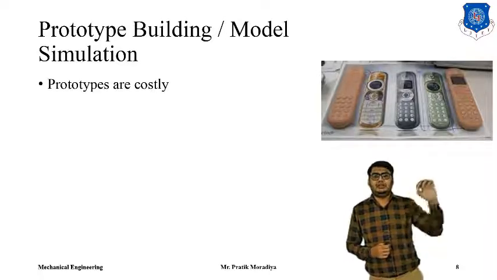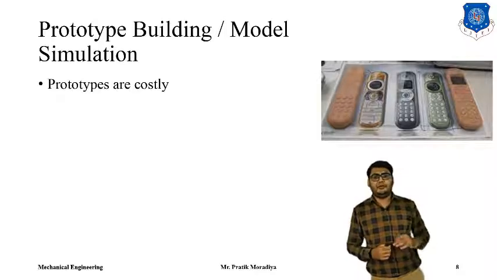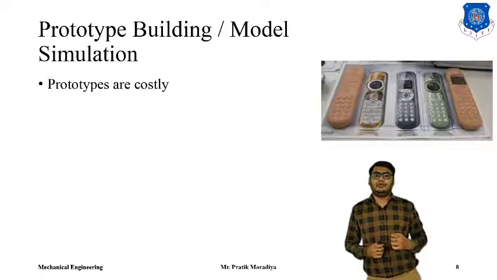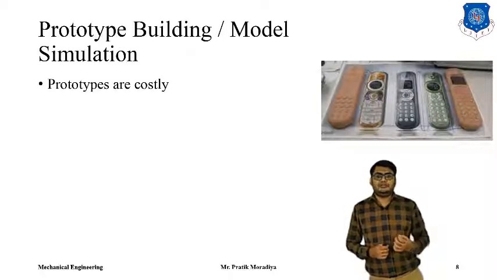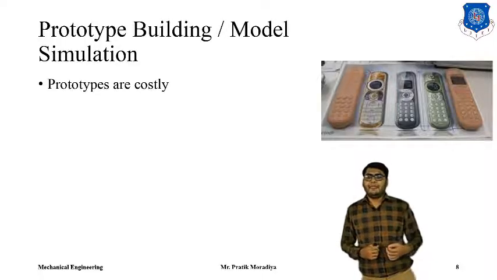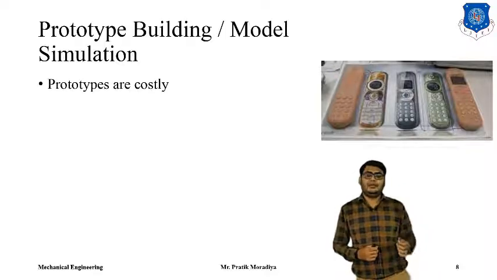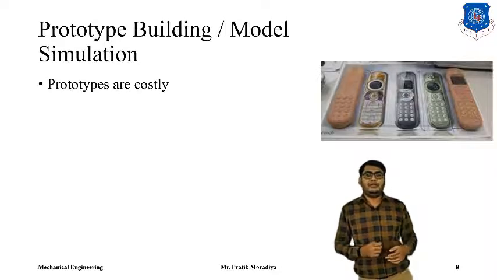As we increase the level of production, the cost per part will be reduced. But for producing a single part, you have to produce customized dies, you have to make some customized manufacturing process, you have to make customized tooling, and you have to write a part program, which will be time consuming. You have to make a manufacturing process flow and all that, and it will be time consuming and costly.